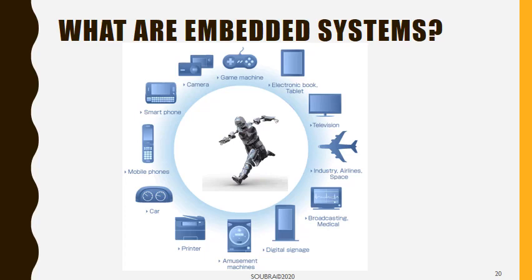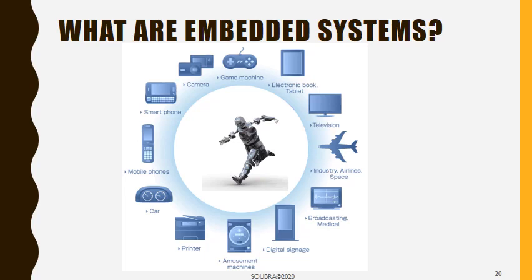So what's an embedded system? We can see it as a small computer that is present in a bigger box or in a bigger system, right? Anything from TVs to printers, cars, airplanes, gaming machines or consoles, robots, etc.